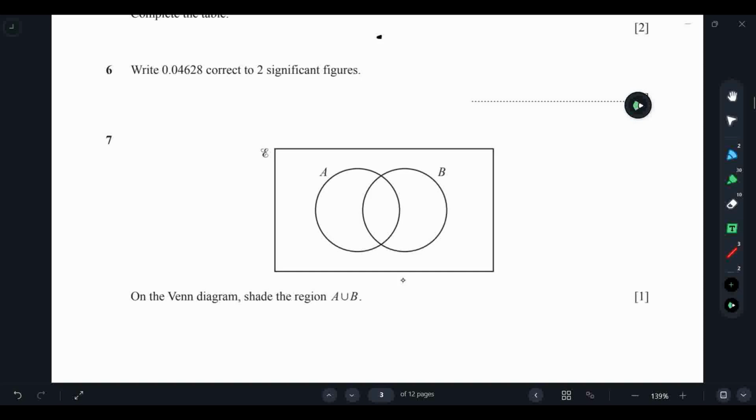If we round it off, this will be 0.0463. Now these are 3 significant figures, but we need 2 significant figures, so we need to round it off further. So this will be 0.046. This will be the final answer.